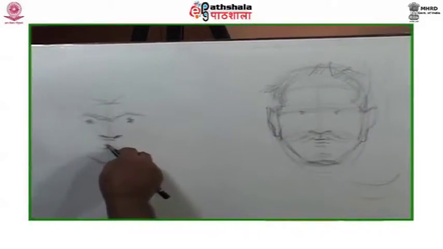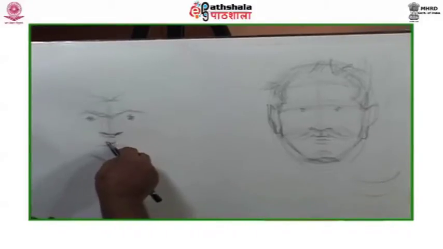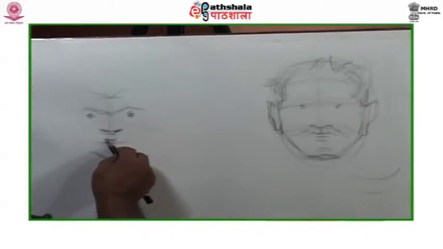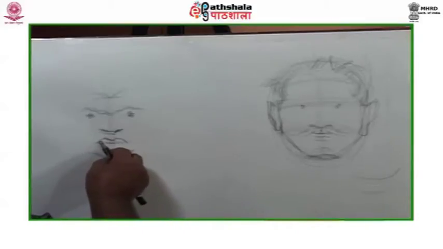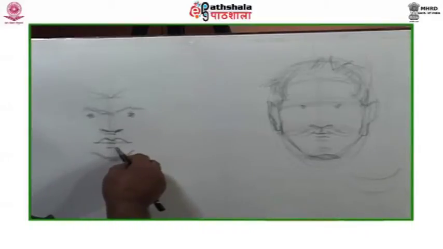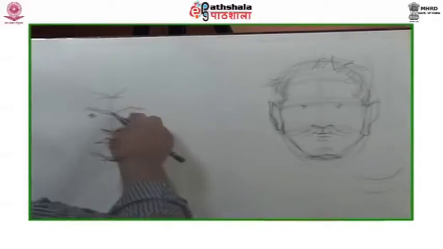The resemblance to your model will be very clear at that nascent stage of the drawing itself. Half close your eyes, eliminate the details, and you will be left with the essence of the model.